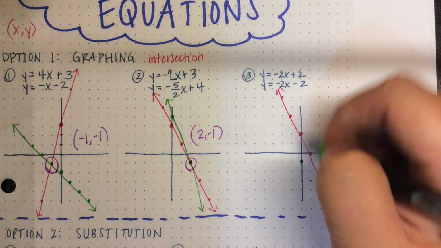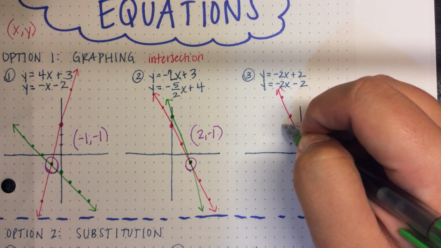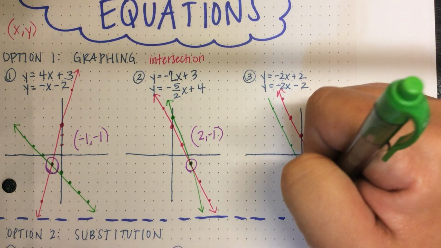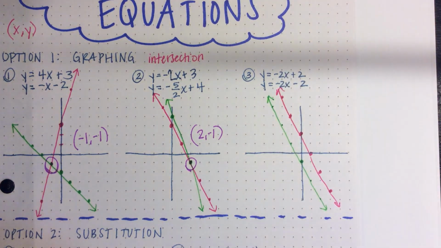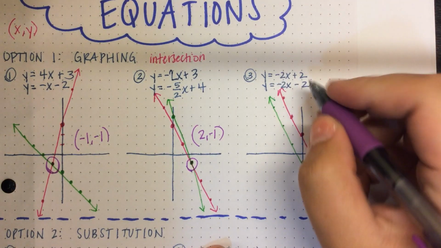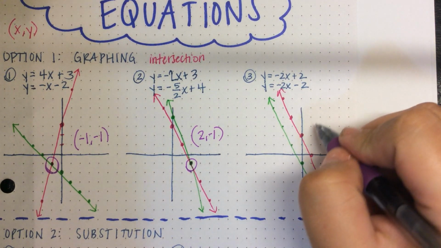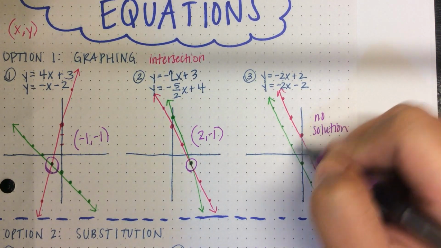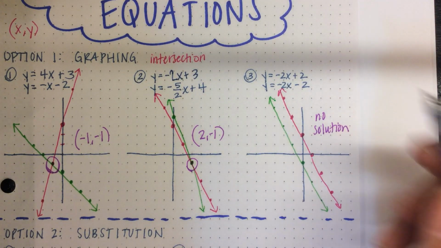So I'm going to go down and then up, and if you notice, it never crosses. So that means that these lines are parallel, and parallel lines never touch, so my answer to this system is no solution. They never have a point in common.